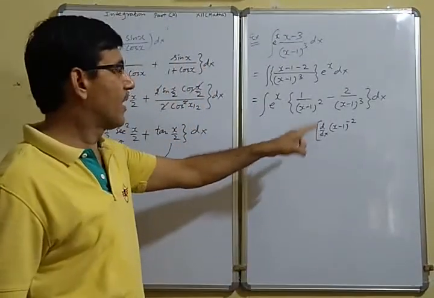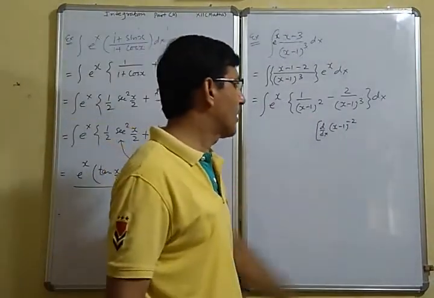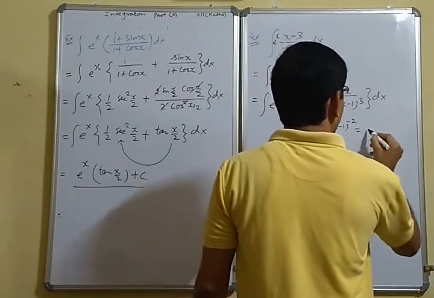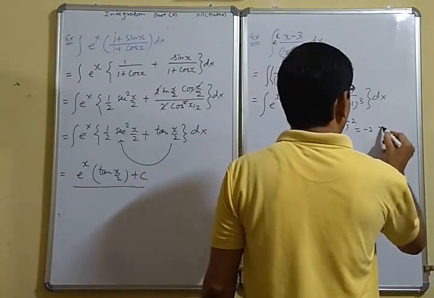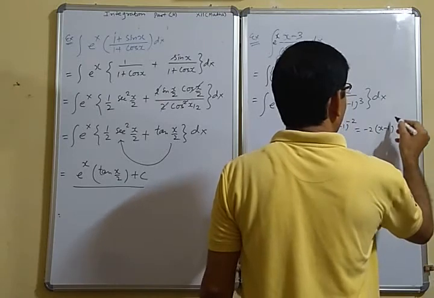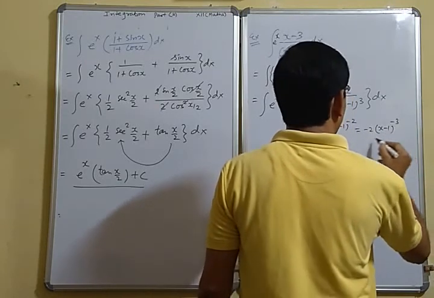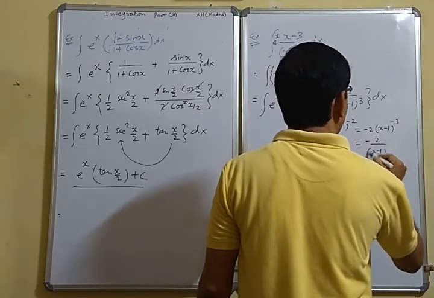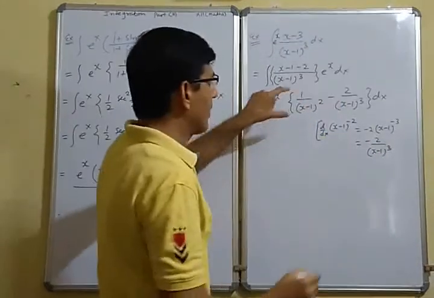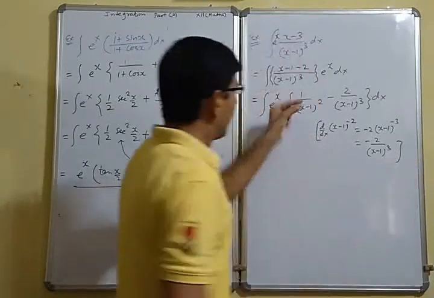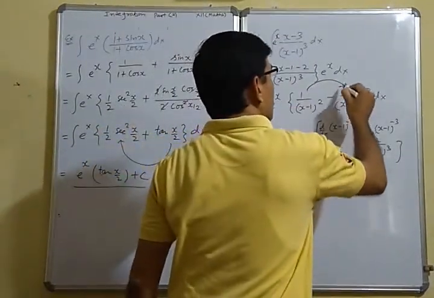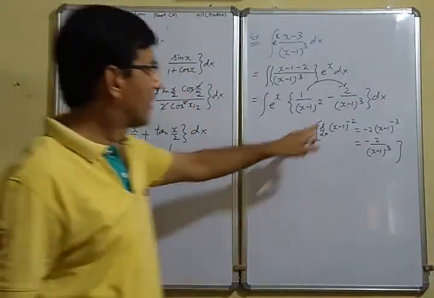Using n x raised to power n minus 1, it becomes minus 2 (x minus 1) raised to power minus 3. So it becomes minus 2 upon (x minus 1) whole cube. So differentiation of 1 upon (x minus 1) whole square is minus 2 upon (x minus 1) whole cube.